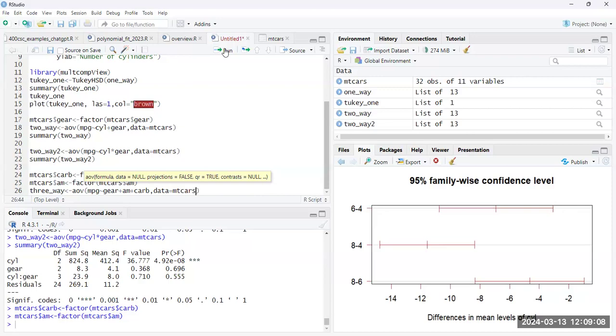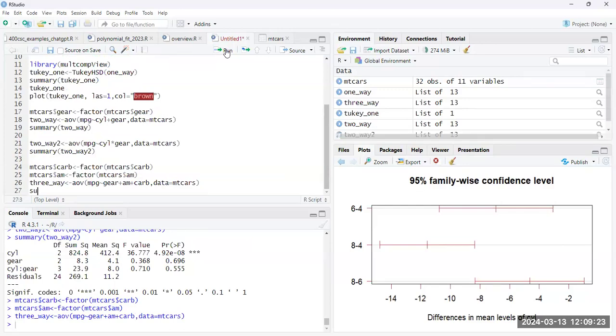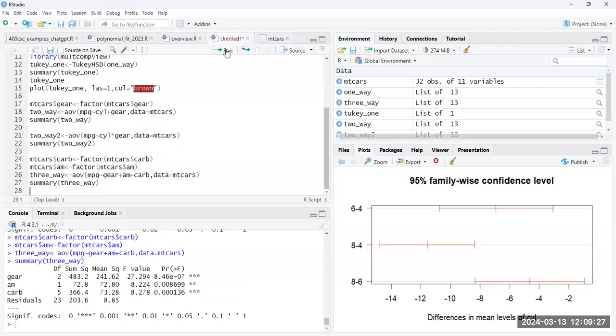Now we know that the gears variable is not statistically significant when included with cylinders, but it may be statistically significant when it's done either by itself or with some other variables. So we can explore that relationship. Here's our three-way ANOVA. And that is in fact the case. Apparently gears and cylinders may be, I would say, collinear, in that they have a relationship with each other.